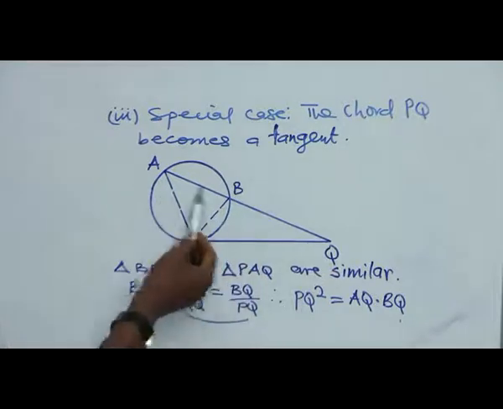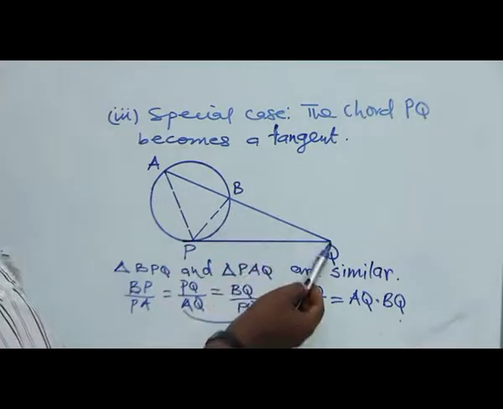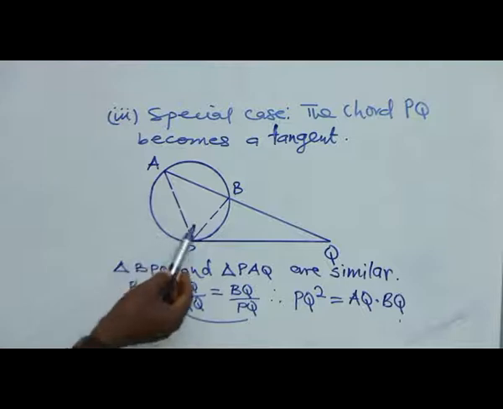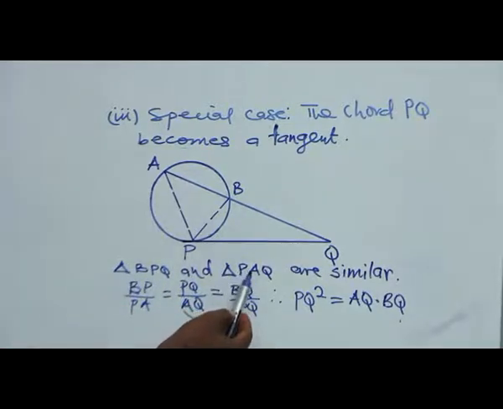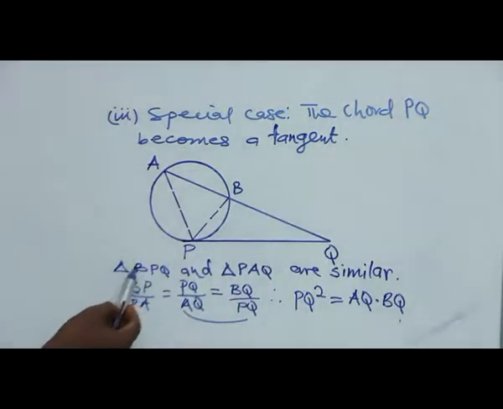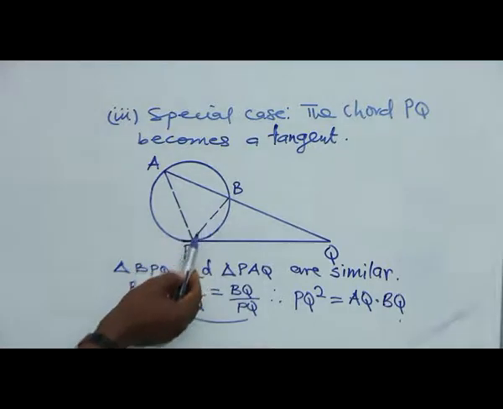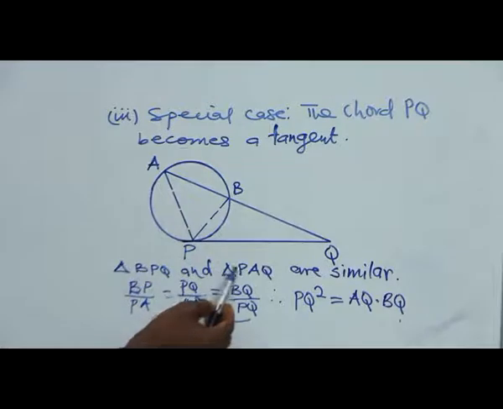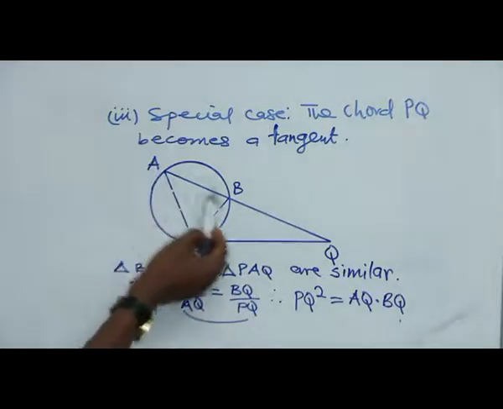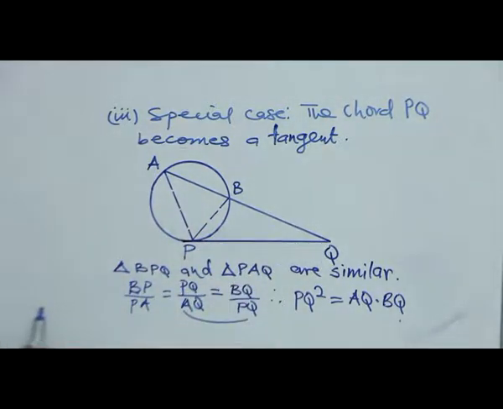And then the line AB meeting the point Q. You now realize that in this case, we have the same triangles, the triangle BPQ and triangle PAQ are similar. Here is your triangle BPQ. And then PAQ. This is PAQ. And we are saying that these two triangles, they are what? Similar.